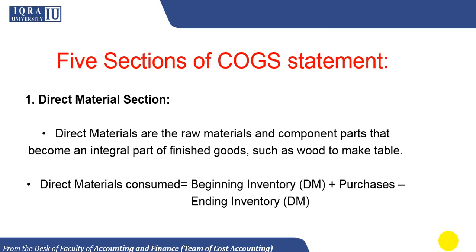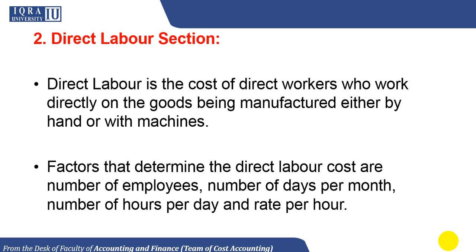Direct material consumed is equal to beginning inventory plus purchases and then minus ending inventory. Meaning if you have direct material at the beginning and then you purchase, then you subtract the ending stock. So what will you get? Direct material consumed, right?